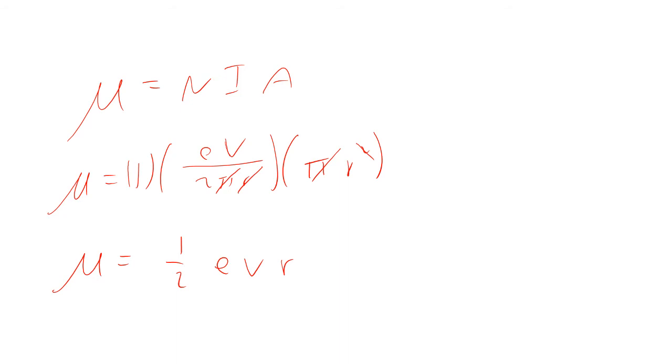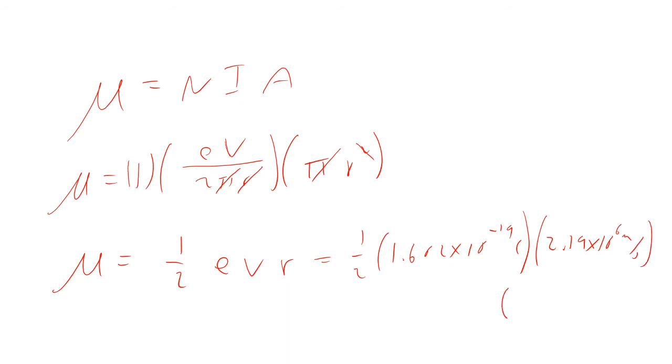We now know what v is, so we plug that in: 1/2 times 1.602 times 10 to the minus 19 coulombs times 2.19 times 10 to the 6 meters per second, times 5.29 times 10 to the minus 11 meters.